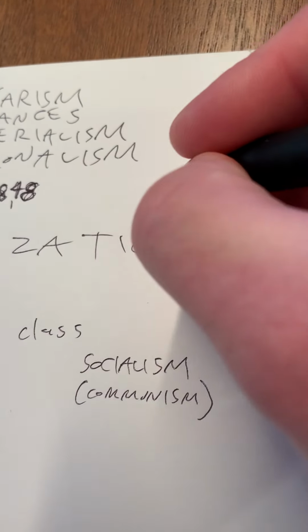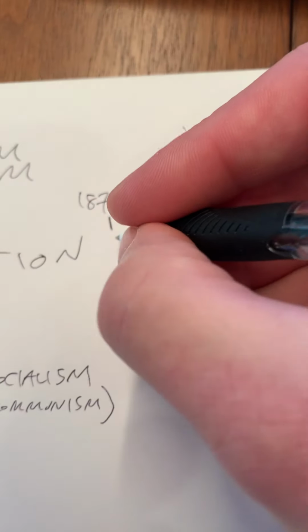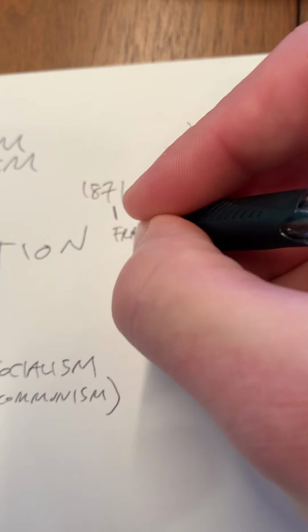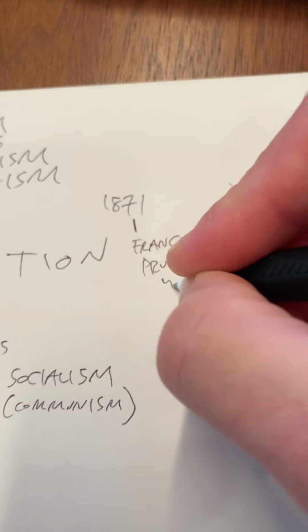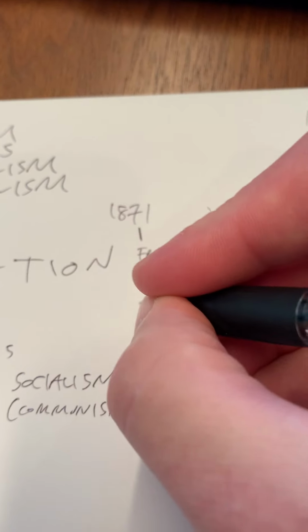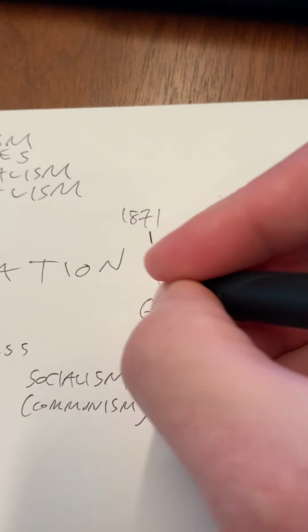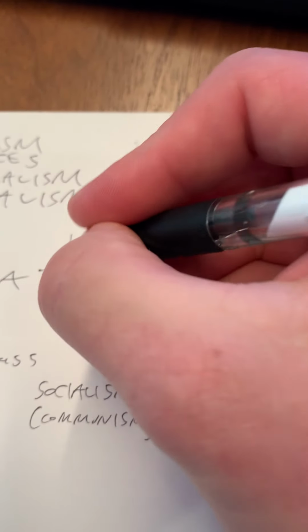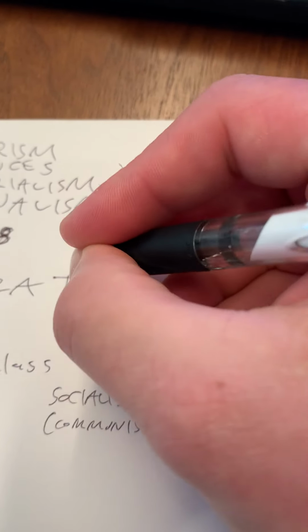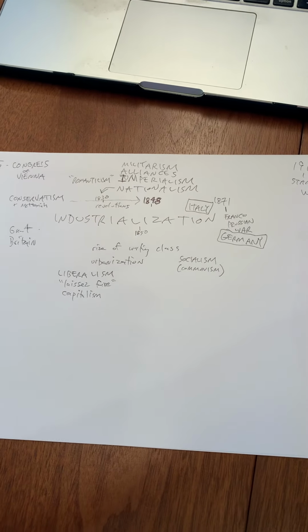Another major date that we're going to see is 1871, and that is, of course, the Franco-Prussian War and the unification of Germany. During this time period you also have the unification of Italy, so these two countries are born out of this period.